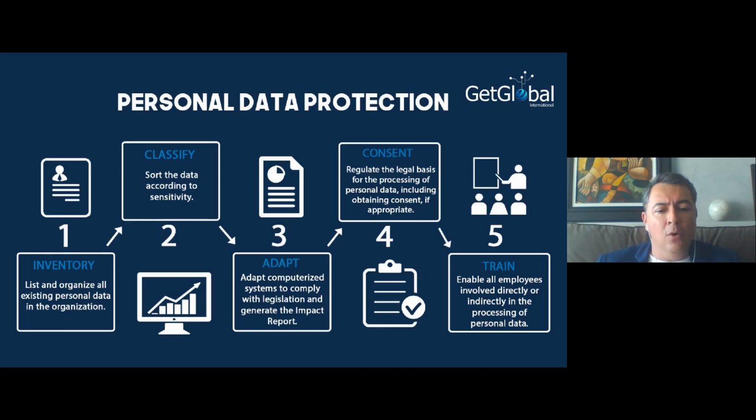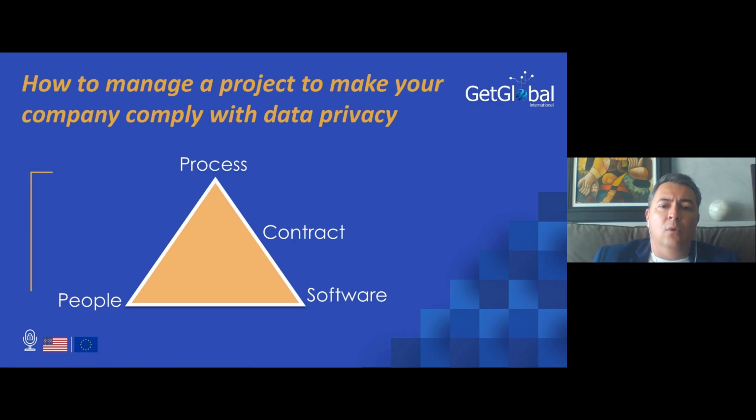Well, most of the gaps will be solved either by changing a company's process, or by changing some contract. So the solution is going to be a legal solution because we're talking about a law. Or the solution for the gap would be to implement a data privacy software that would help.